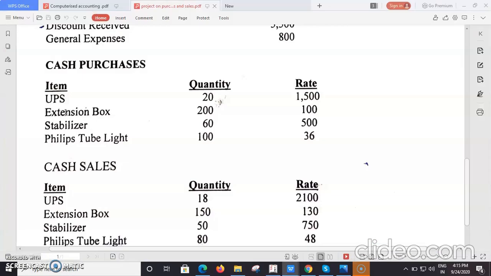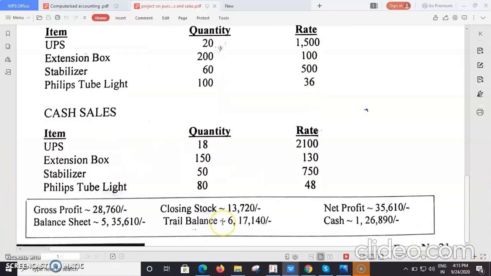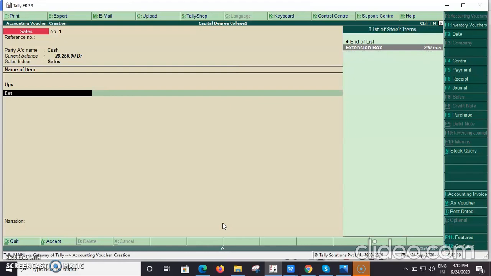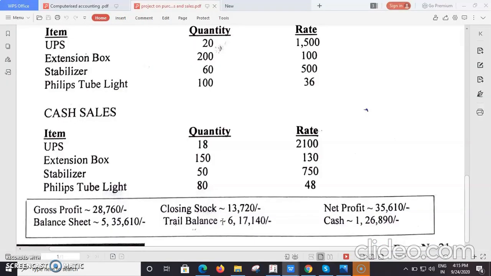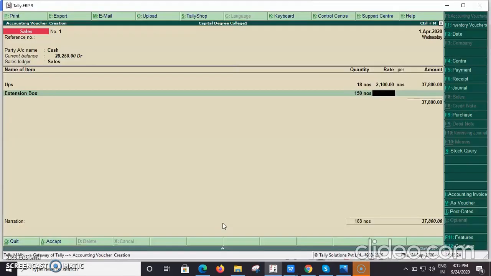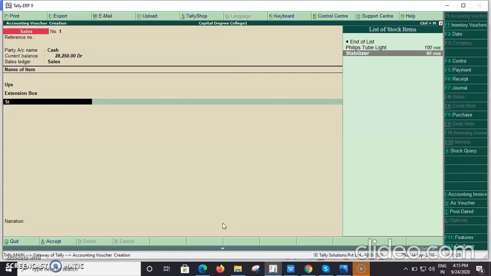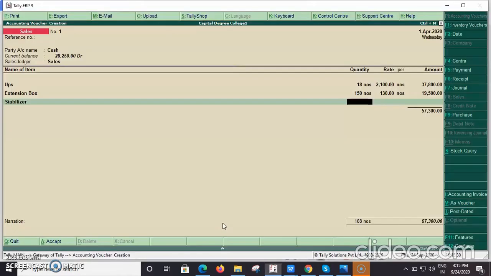So extension box. Actually we can do it separately, but I'm entering it in only one invoice. If I enter everything separately, it will take time. Directly I'm entering here itself, extension box. How much sold? 150 sold. 130 is the rate. Stabilizer 50, 750.